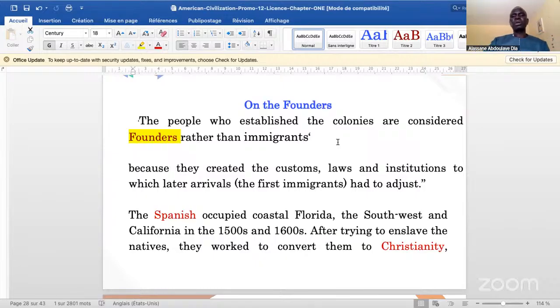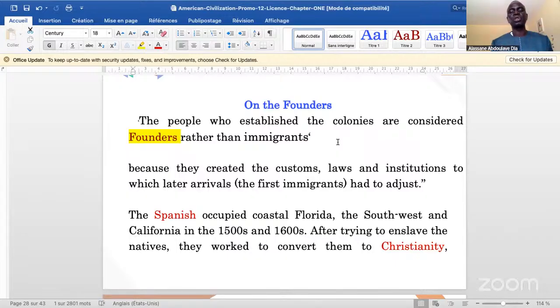So now about the founders. I told you about the founders, class. What do you need to know about the founders? C'est les pères fondateurs. The people who established the colonies are considered founders rather than immigrants. I repeat, those who established the colonies, it means they founded the colonies. So do not call them immigrants.